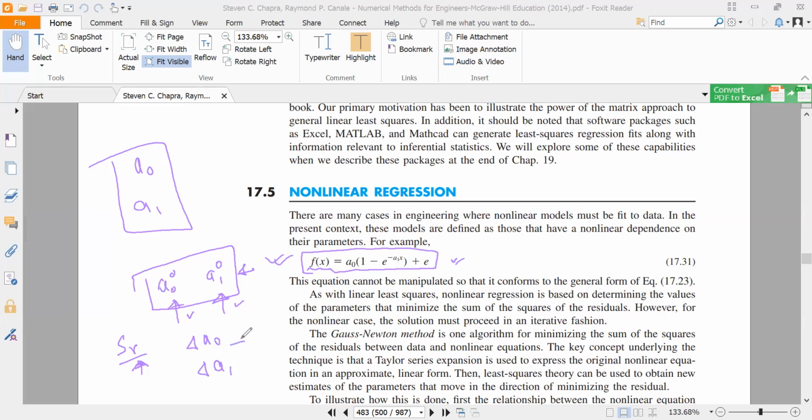Then in the next iteration, we will update the value of A0 to A0 plus del A0 and your A1 to A1 plus del A1, okay?